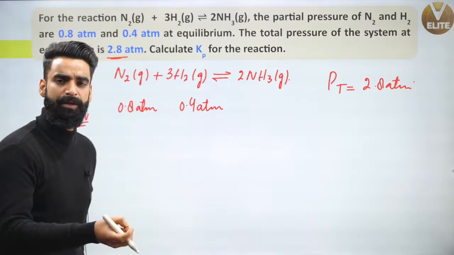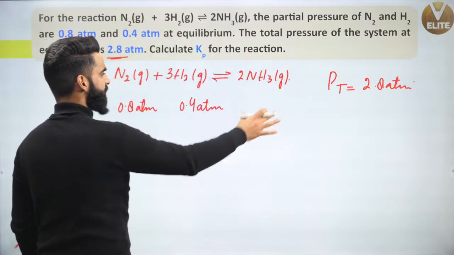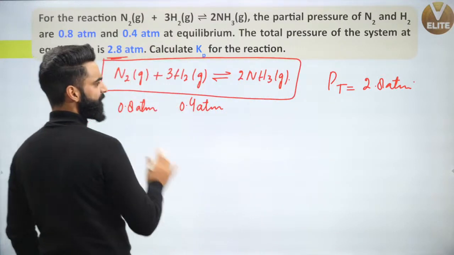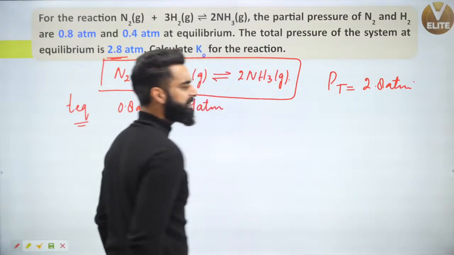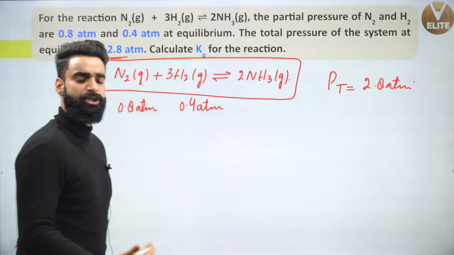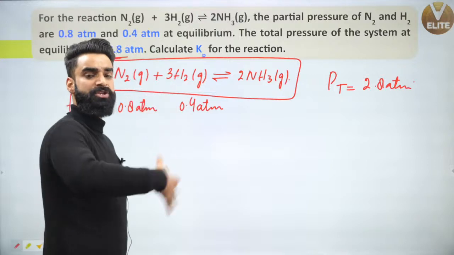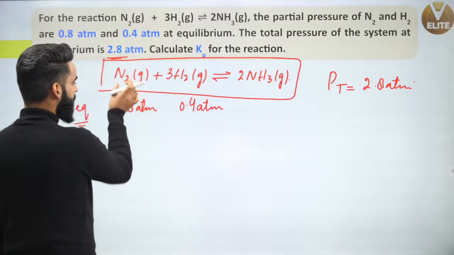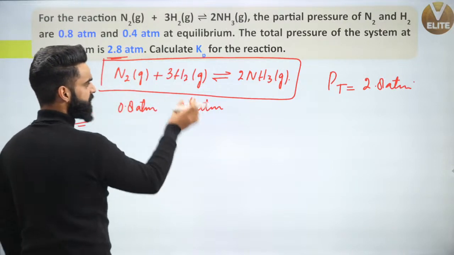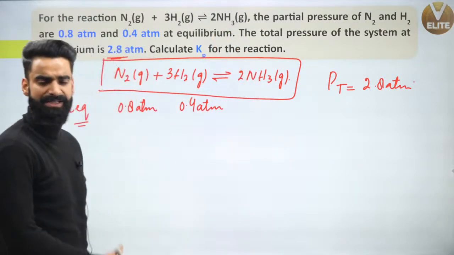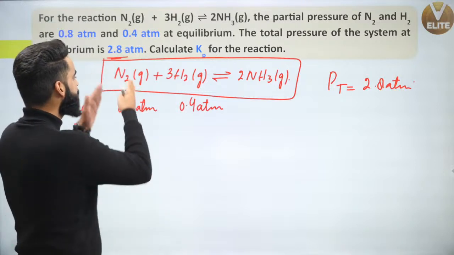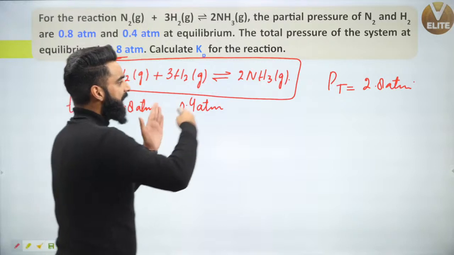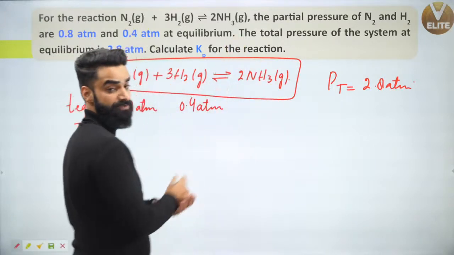First of all, at equilibrium, the total pressure of the container in which this reaction is taking place is equal to 2.8. So can I say the total pressure of the container at equilibrium is equal to the partial pressure of N2 plus the partial pressure of H2 plus the partial pressure of NH3? At equilibrium, I'll have certain moles of N2 left, certain moles of H2 left, and certain moles of NH3 which would have formed.